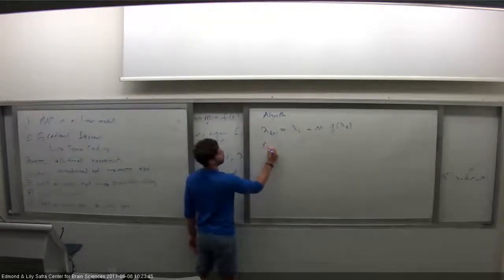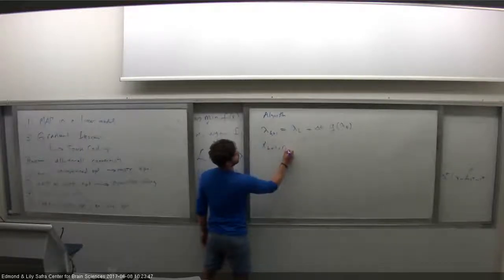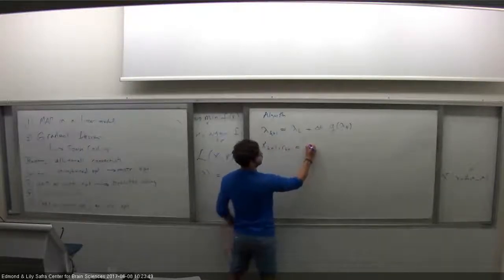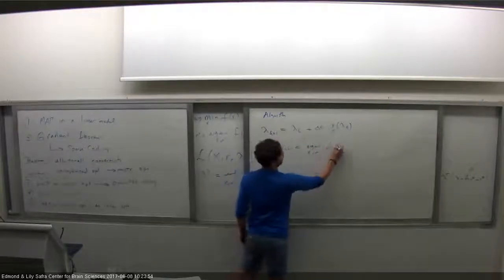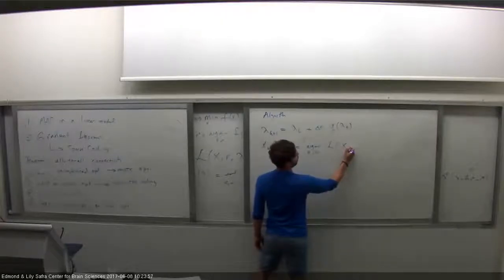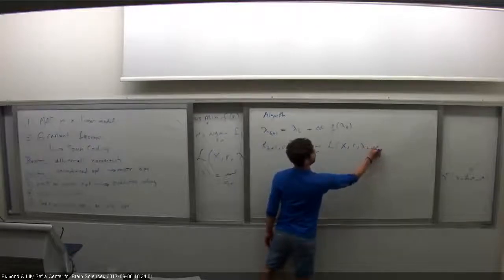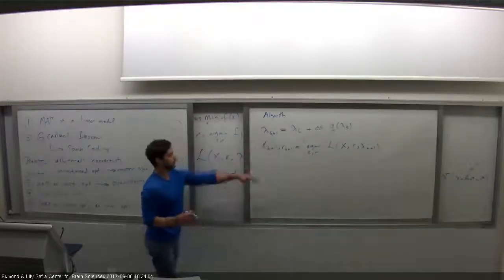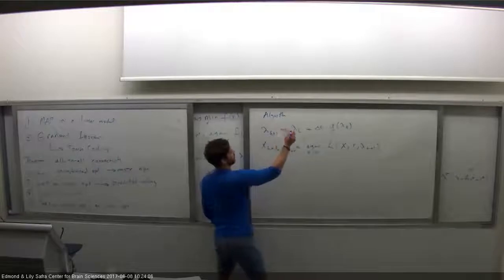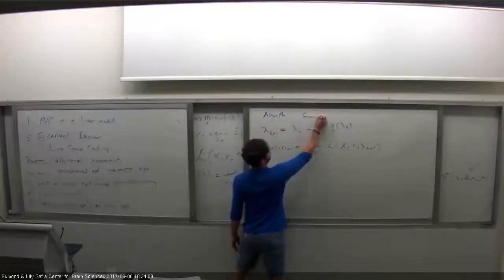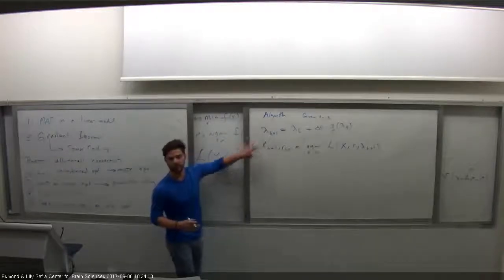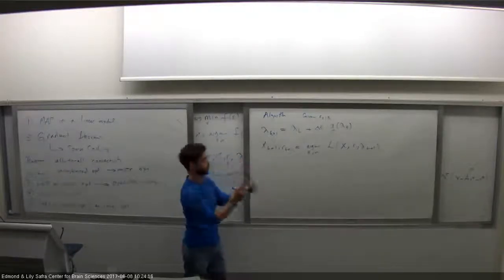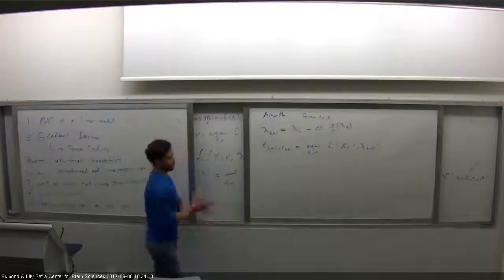Then you compute x_{t+1}, r_{t+1} as the argmin over x and r of the Lagrangian with lambda_{t+1}. So you update lambda, then you update x and r, you update lambda, you update x and r, and eventually, with convergence, you'll get to the top.